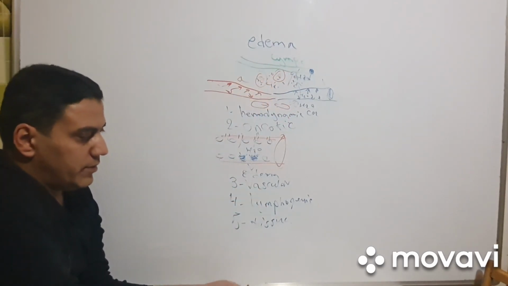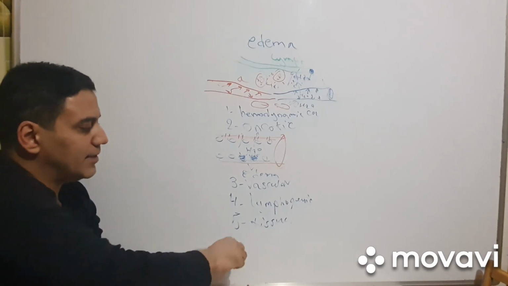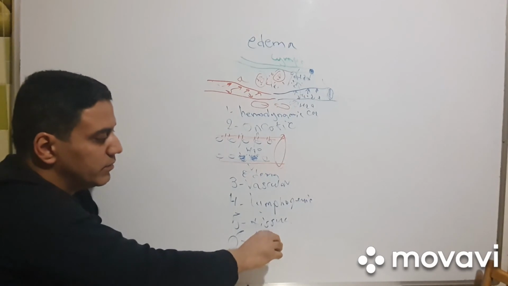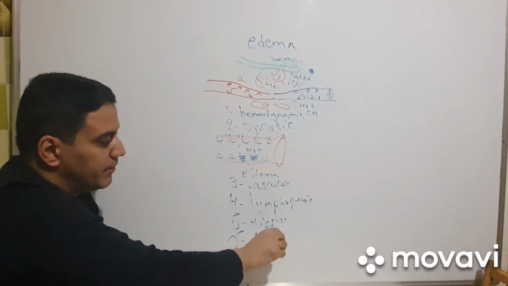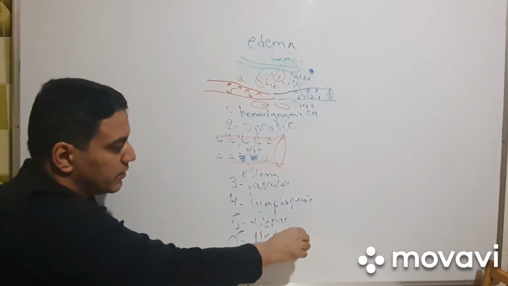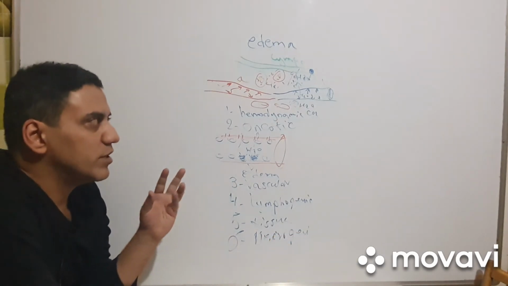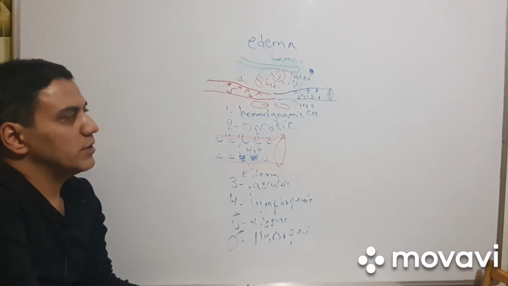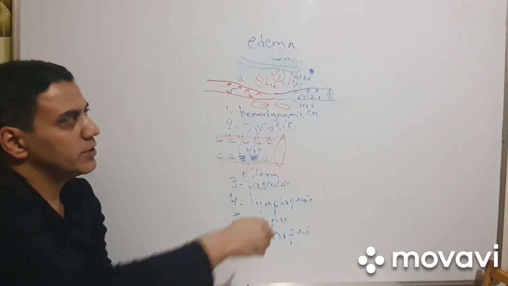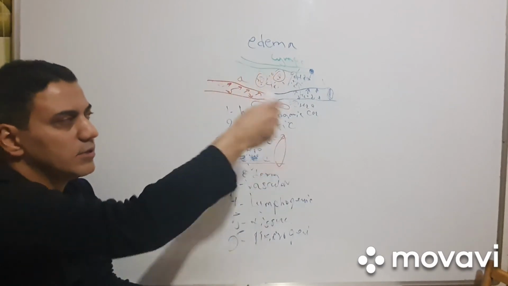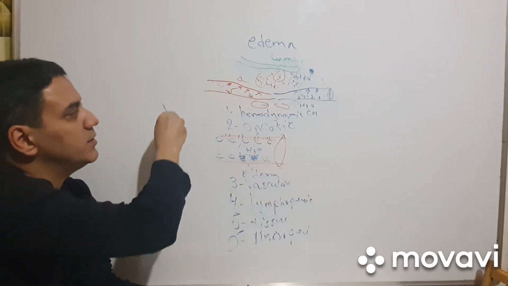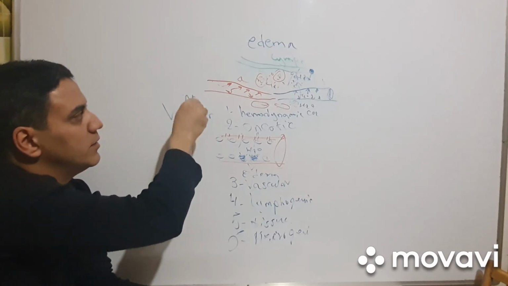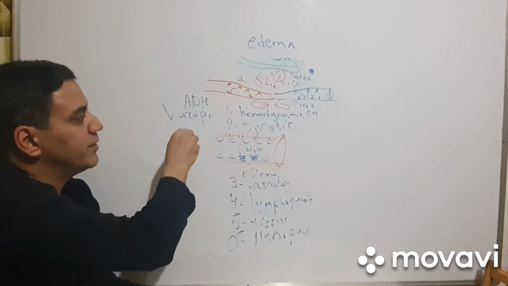This is the tissue factor. The last factor is the neurogenic factor, or humoral factor. We know that the main two hormones which regulate water and electrolytes in our body are vasopressin, which means anti-diuretic hormone, and aldosterone.